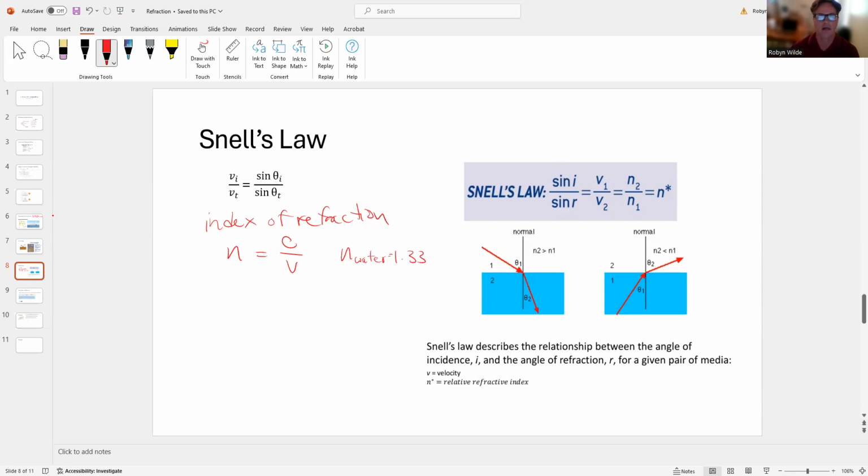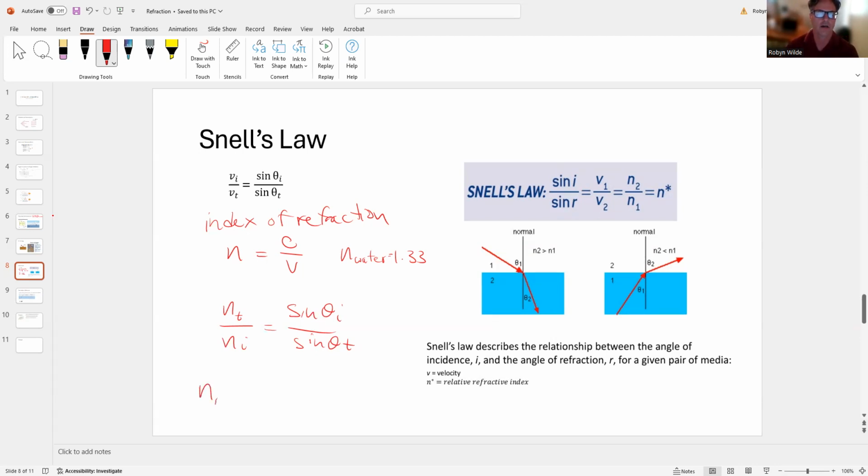And so if I plug this in, I can see that what I will get is n_t over n_i is equal to sine theta_i over sine theta_t. All right, so it's reversed. My speed incident over speed transmitted becomes index transmitted over index incident because of the inverse relation between index and the speed.